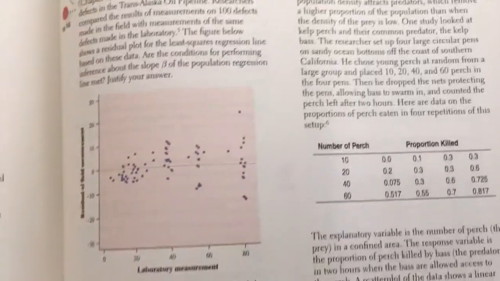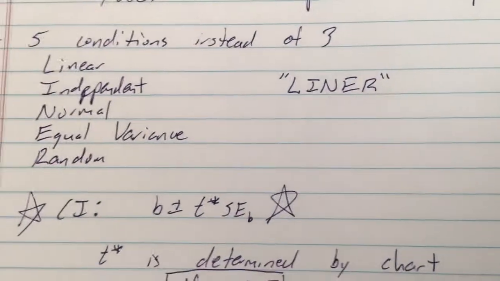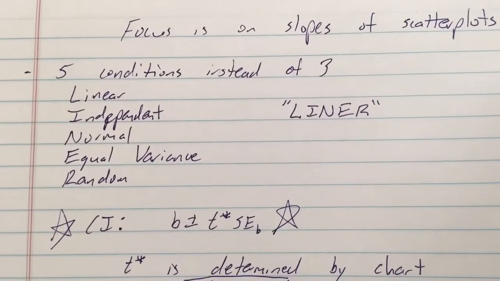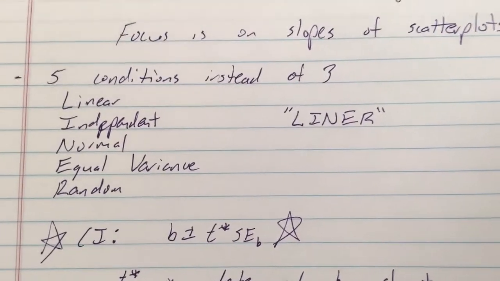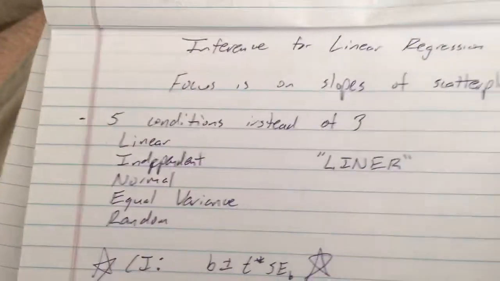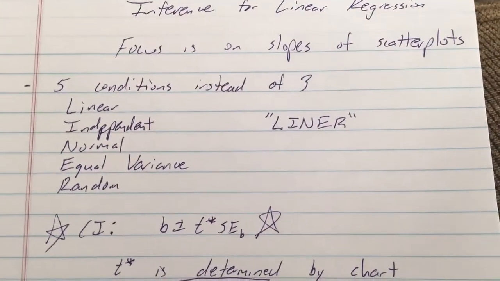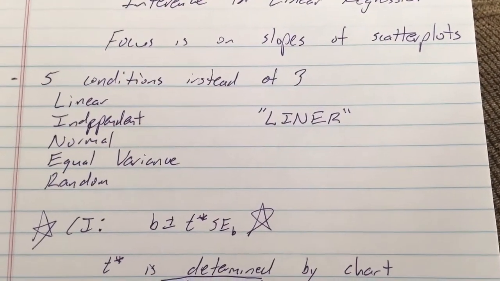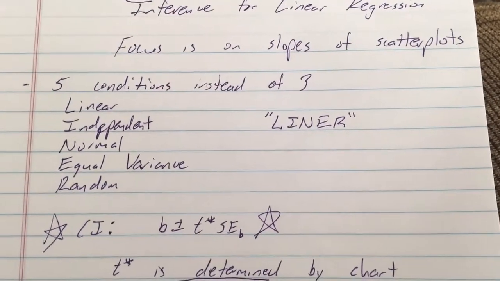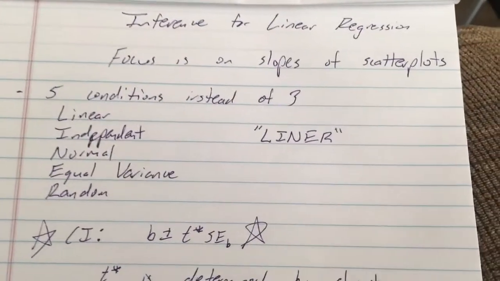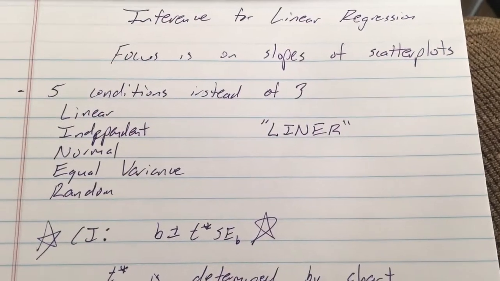Now, one of the nice things about this chapter, this covers a lot, and I know it's different than what we're used to seeing, but one of the nice things is that if you see one of these problems on the AP test, a lot of times the problem will say, assume conditions for inference have been met. And so that saves you a lot of time from having to check all 5 of these conditions.